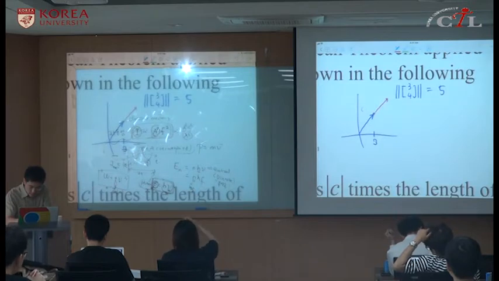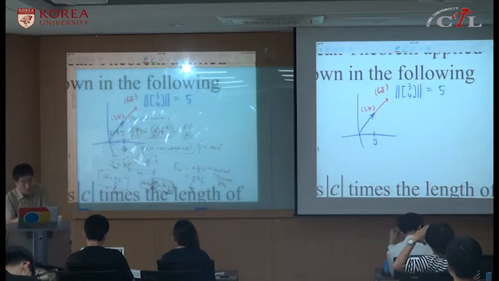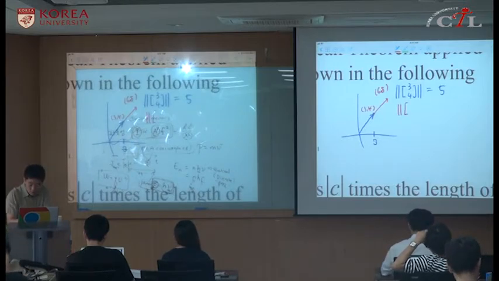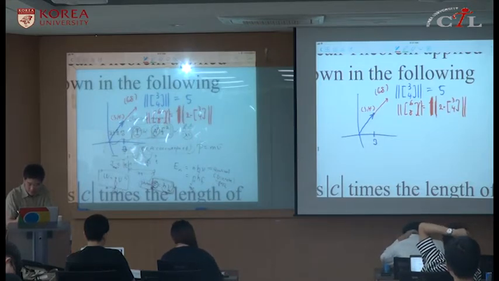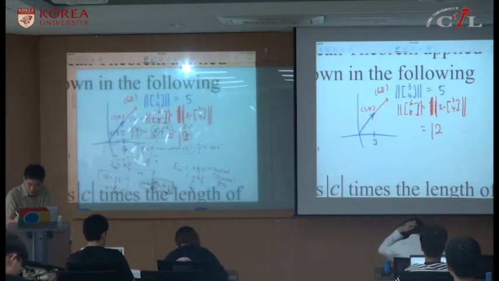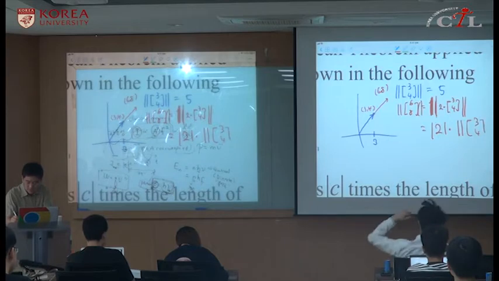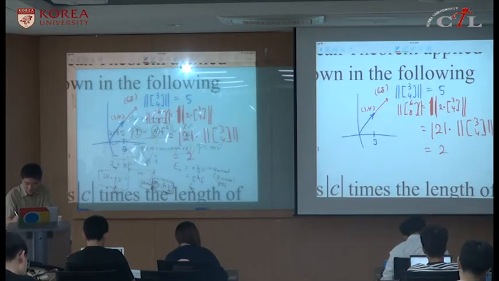Now let's think of this one: 3, 4 and 6, 8. This 6, 8 is just 2 times 3, 4, and so its length is 2 times 5, which equals 10.